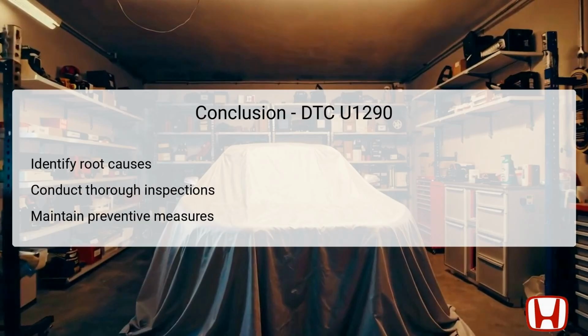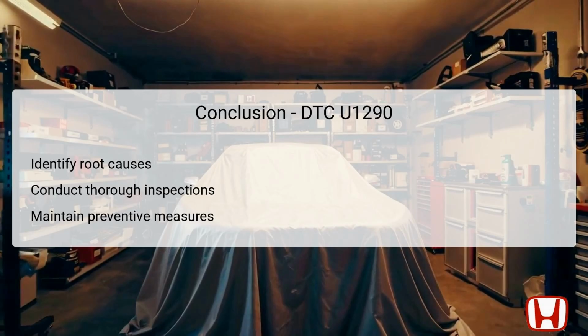In summary, DTC U1290 indicates a communication failure between the climate control unit and the front seat heater control unit in your Honda Accord 2023 and newer models. Successfully diagnosing this issue requires identifying the root causes, which can range from power or ground circuit failures to potential issues with the seat heater control unit itself.